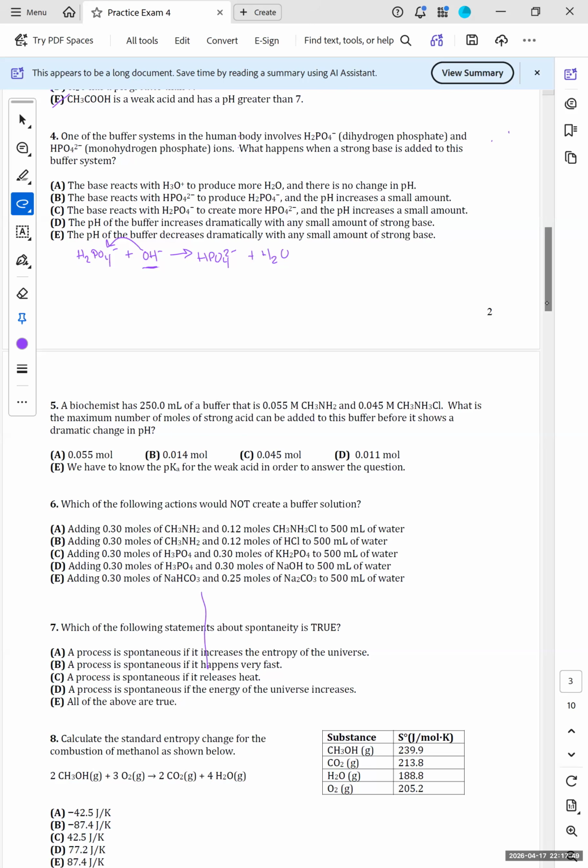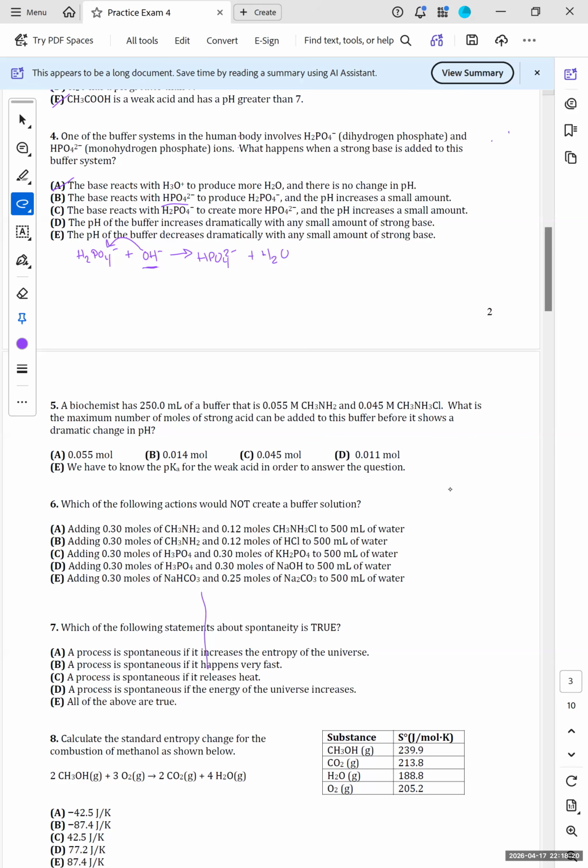So looking through each of these, produce more water. No, that's not. Base reaction produces, and the pH increases a small amount. Well, it does increase a little bit, but the base reacts with HPO4 is wrong, it's backwards.